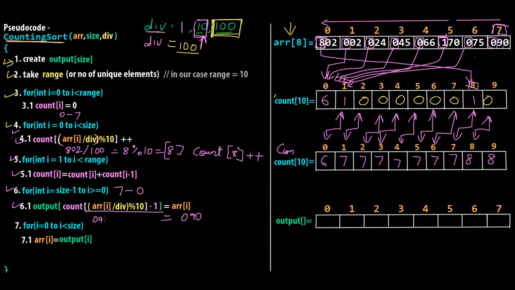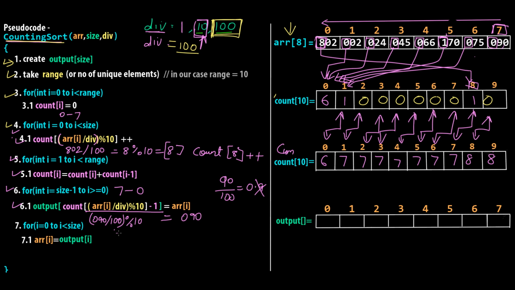So 090 divided by div, which is 100. So obviously 090, that is 90 divided by 100, will give you 0.9. And since it is an integer, in programmatic way, 0.9 will be truncated, so you are left with 0. So this whole thing mod 10 will also give you 0, right?